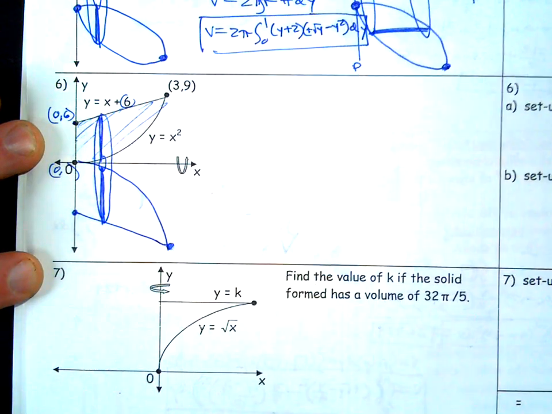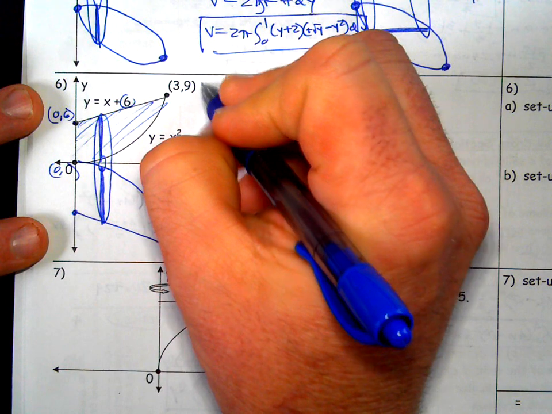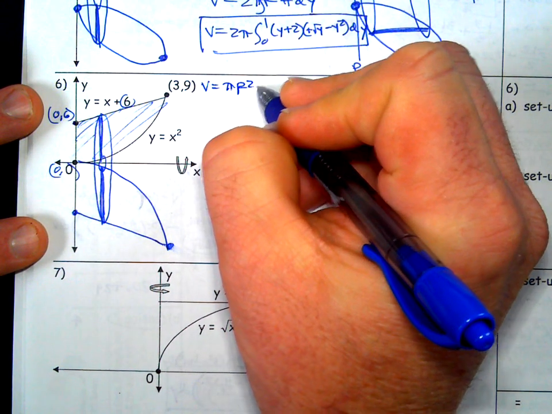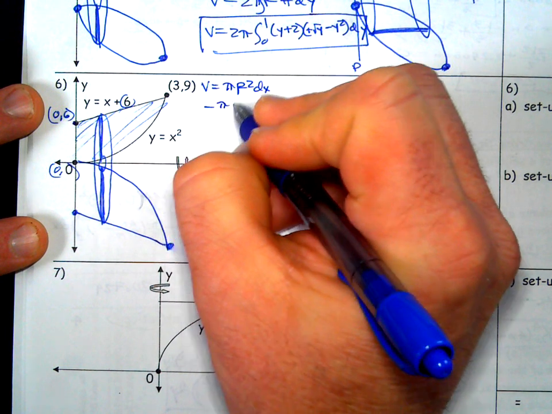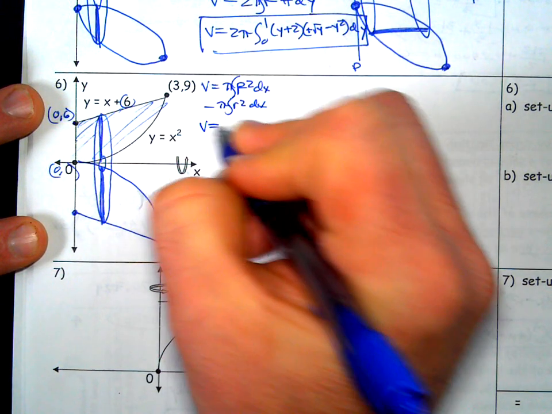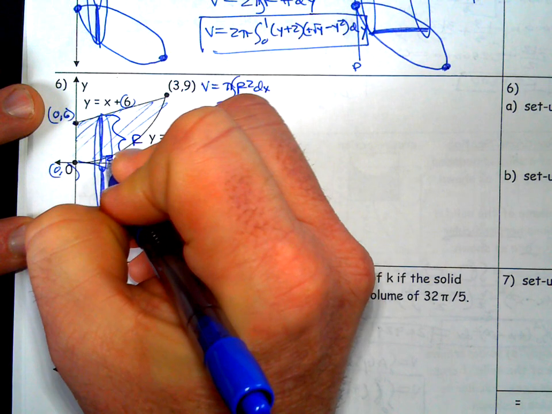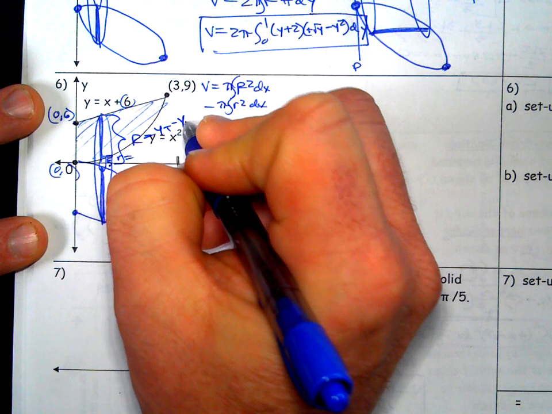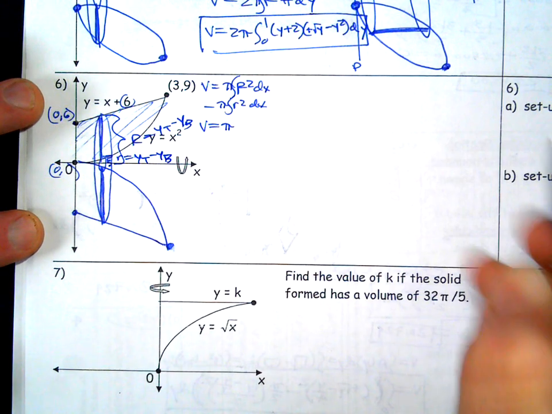You get disk washers. And so the volume is going to be pi r squared dx minus pi little r squared dx. This is our big radius, and this is our little radius right here. They're both y top minus y bottom, different y tops and y bottoms potentially.